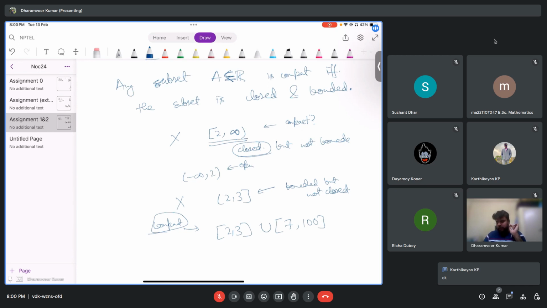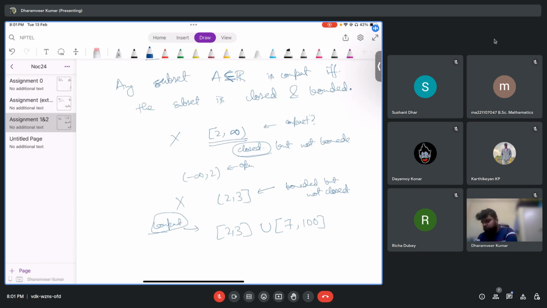You have to see, I've told you how to find closed. Take the complement, if that's open, then the set is closed. Open, you know how to find. For each point, there should be a tiny open interval contained in the set. So this is how you find compact sets.